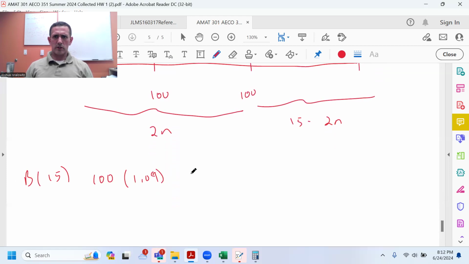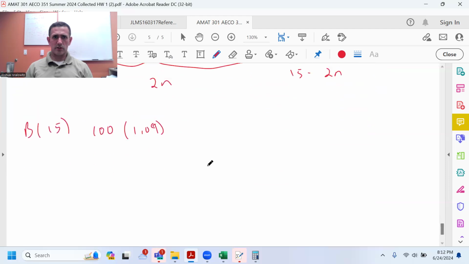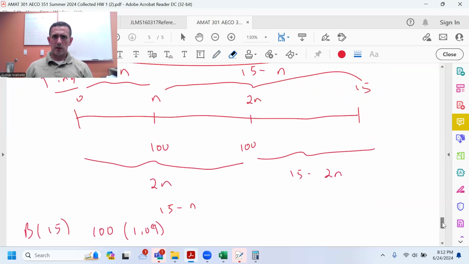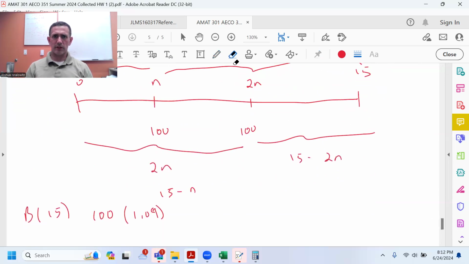So the first 100 earns 15 minus n years of interest from here to here. Second one earns 15 minus 2n years of interest from here to here.